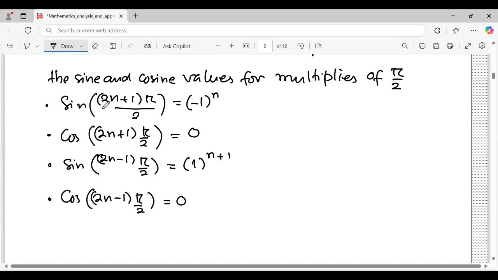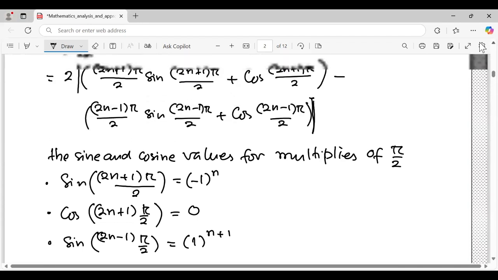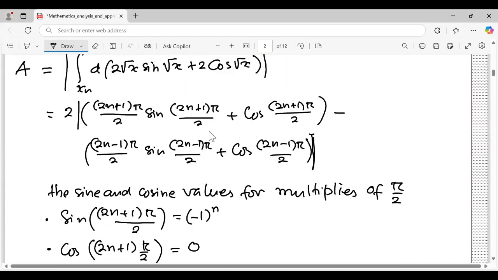Substitute this information into this expression or this equation.